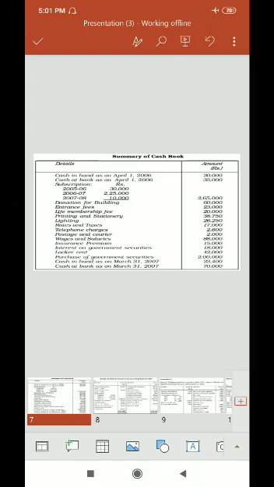In such a situation, they had a cash balance of rupees 20,000 when they closed the account in the previous year, and a bank balance of rupees 35,000. You are supposed to bring it to this current year. So balance brought down, cash in hand, cash at bank, on the debit side of your receipts and payments account, these amounts are supposed to be shown.